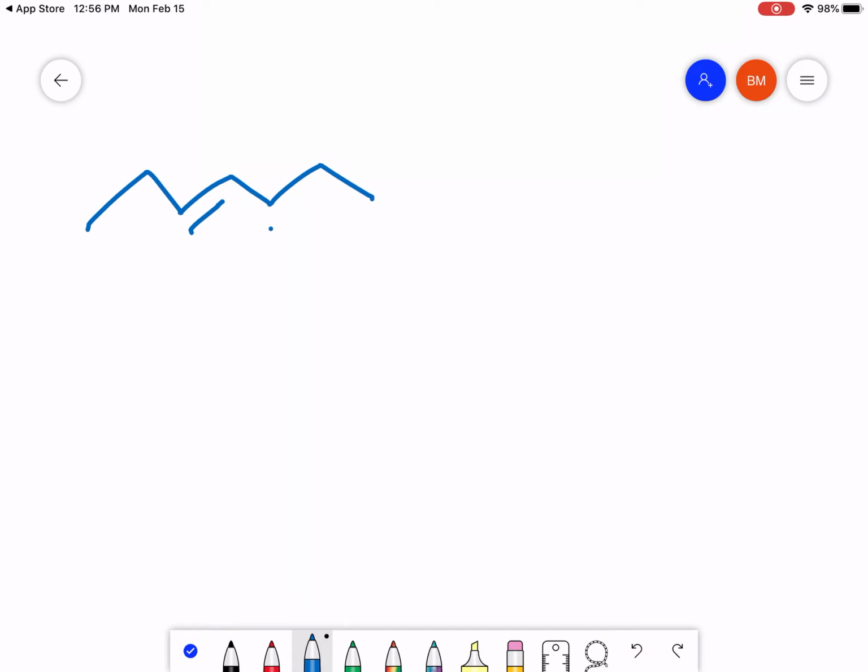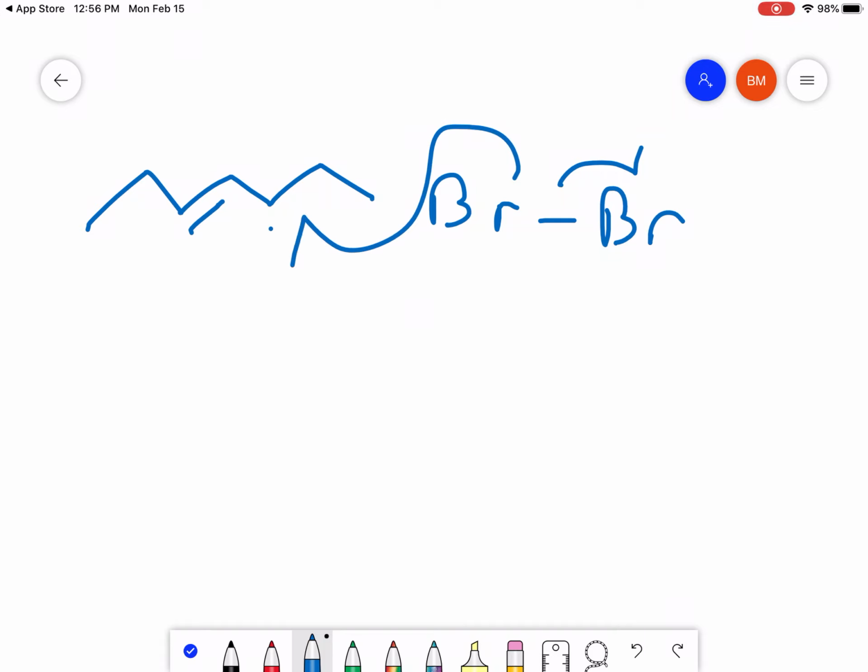Now, again, just like with the other radical, you could have just had a direct reaction with Br2 to form this. Again, this would be a racemate.